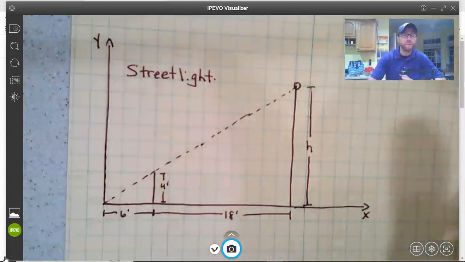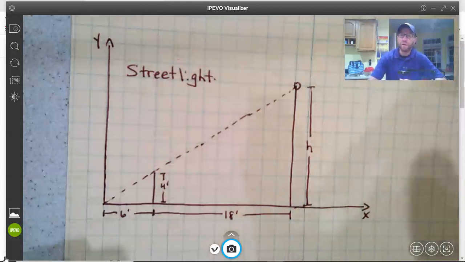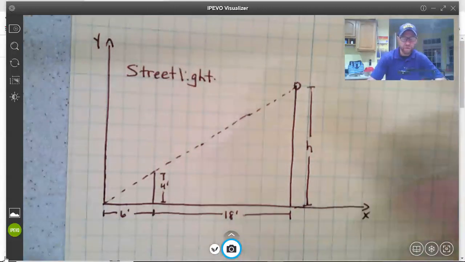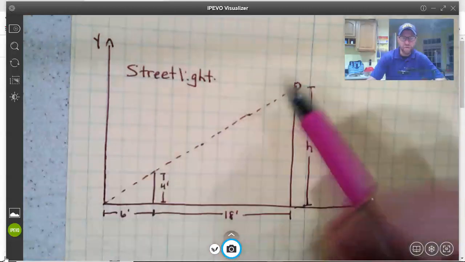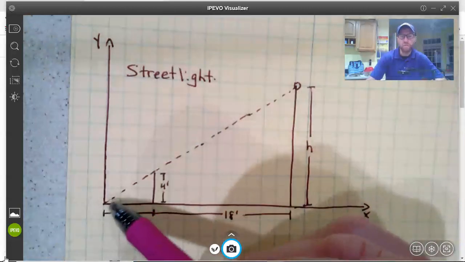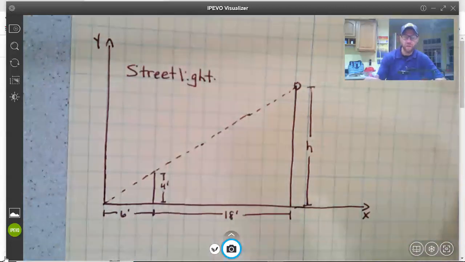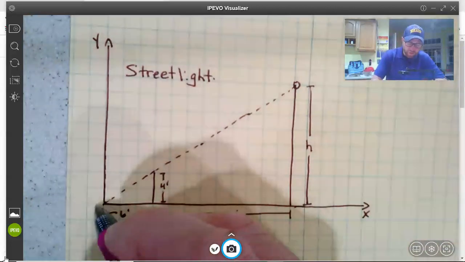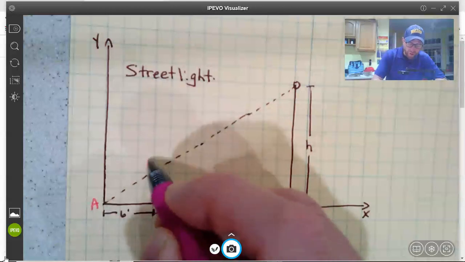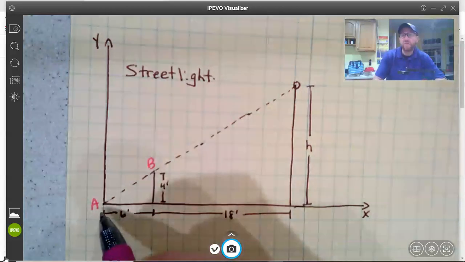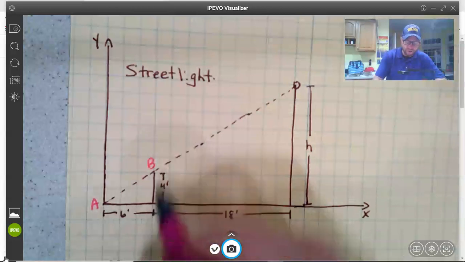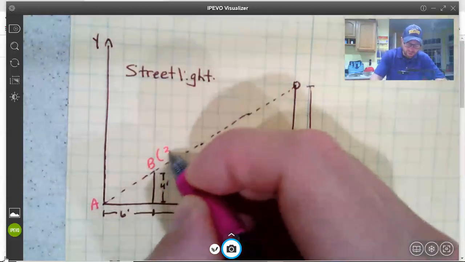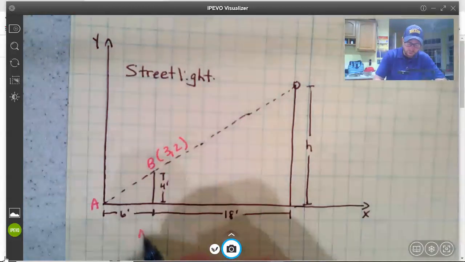And again, there's lots of different ways to do this, but I'm going to put this in a coordinate grid, and we're going to write an equation for a line in order to solve it. So, to write the equation of this line that passes through the kid and the street light, first we need to know the slope of the line. So, traveling from A to B, A is just (0, 0), and B is (3, 2).